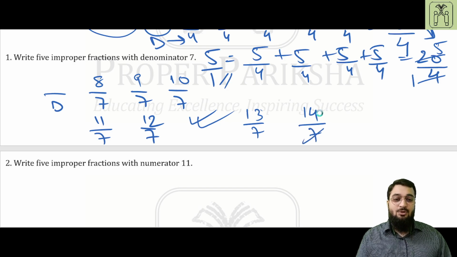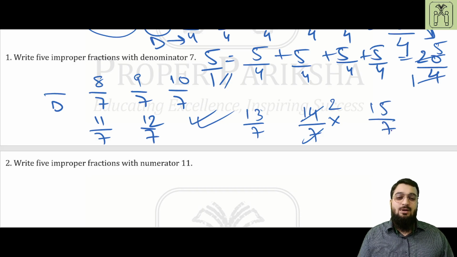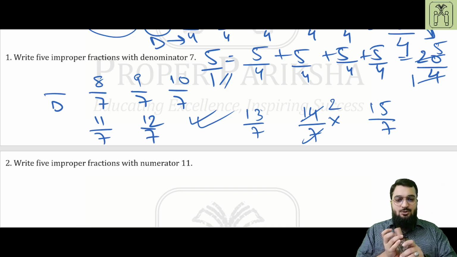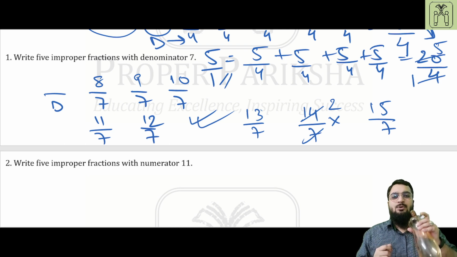But 14 upon 7 actually gives the answer 2, which is an integer. It is a fraction 2 upon 1, but more precisely it is an integer. So skip 14 upon 7 and write 15 upon 7. Do not write a multiple of the denominator as a numerator, as it will not give the required improper fraction.